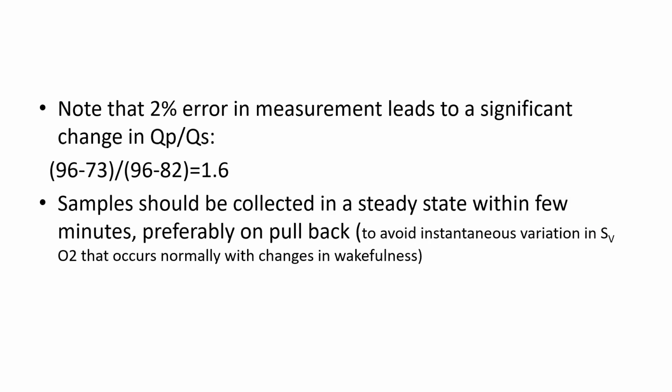So that shows you that it's important to have no errors and try to sample all samples as quickly as possible or as simultaneously as possible. That's why I sample them on the way back. So I do it quickly, PA, RV, usually at least 2 samples in the RA, 2 SVC, and eventually IVC. So I try to do it quickly when I'm sampling those.